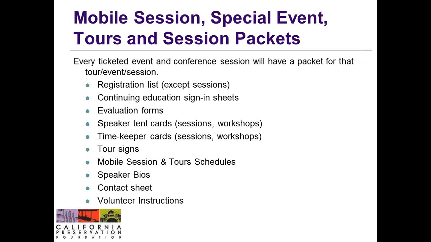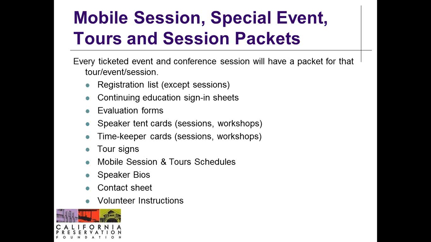So anything that has a registration list will be associated with payment and people who have paid in advance. The packet has continuing education sign-in sheets. These are very important. So when you get a packet, you take it to the room or the place where you're going, a tour, a mobile session. You need to take that continuing education form out and have it available for people to sign.